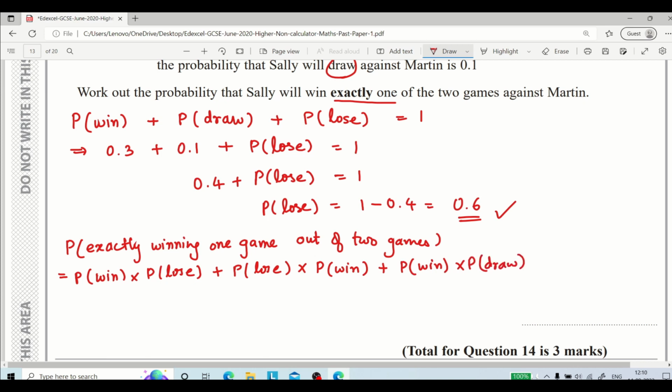And then what are we left with? Just one: probability of draw and win. Very good. That will give you your answer.